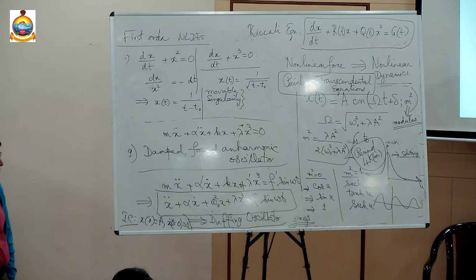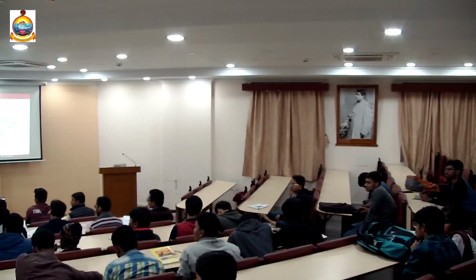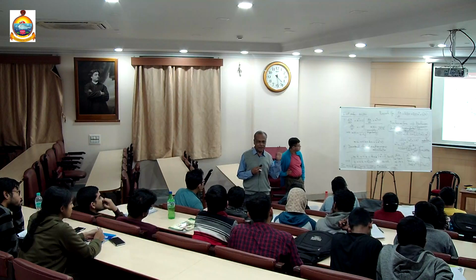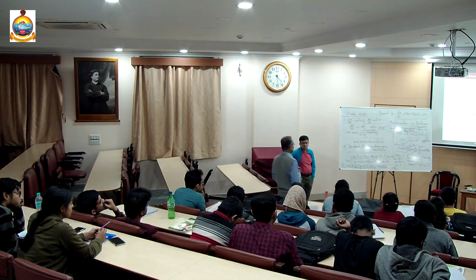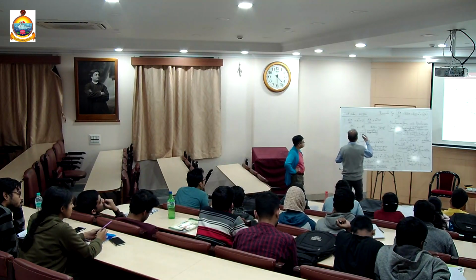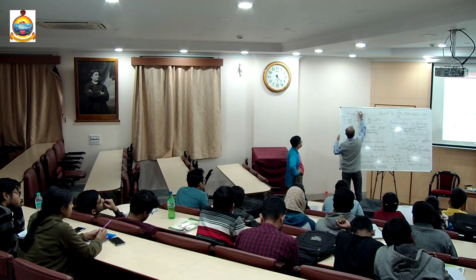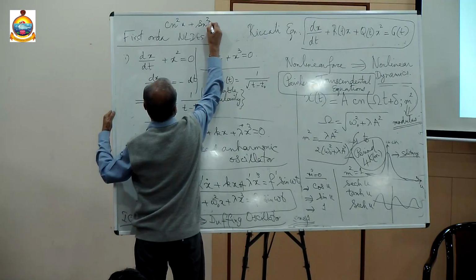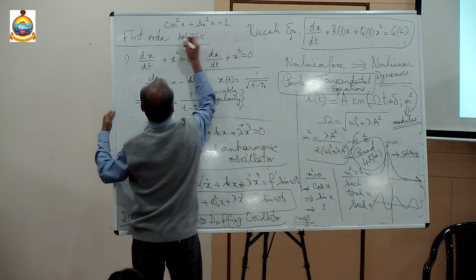Yeah. So depending on, if instead of plus omega naught square, I put a minus omega naught square, then you will have a function like Sn dn. So depending on the form of the differential equation, you can get other functions also. There is interrelationship between these various functions. So, for example, you have Cn square u plus Sn square u equal to 1.